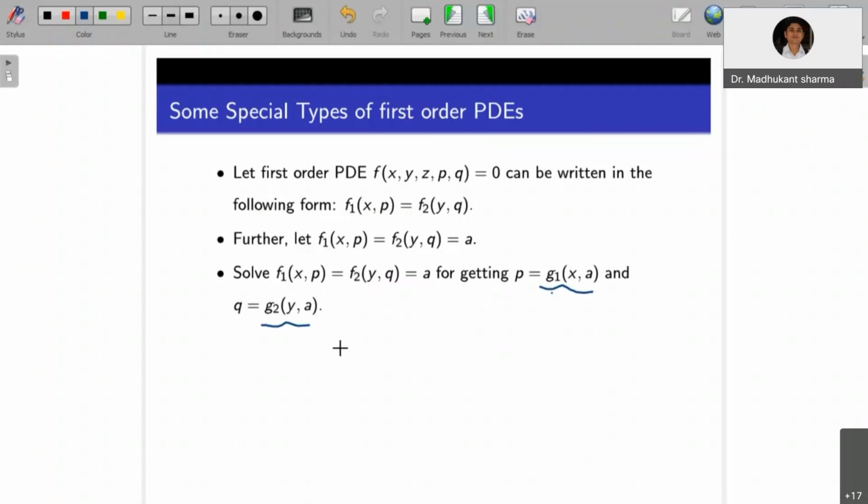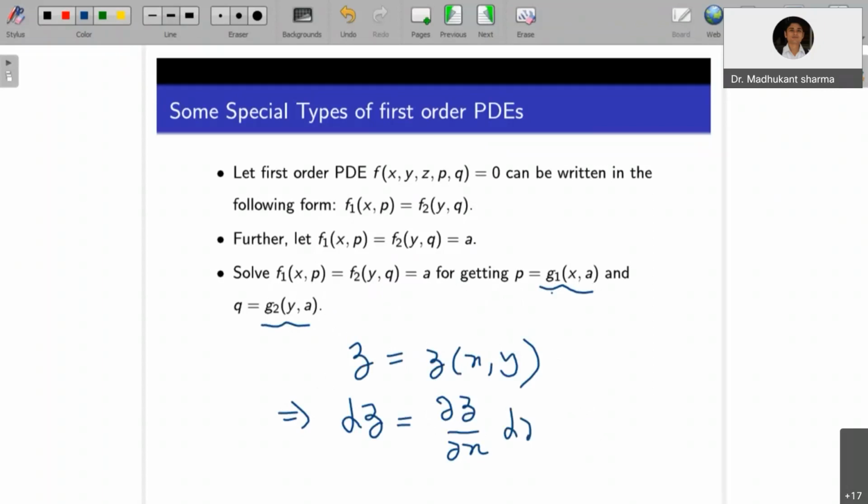Now note that z is a function of x and y. So the total derivative dz is going to be dou z by dou x dx plus dou z by dou y dy, which equals p dx plus q dy.